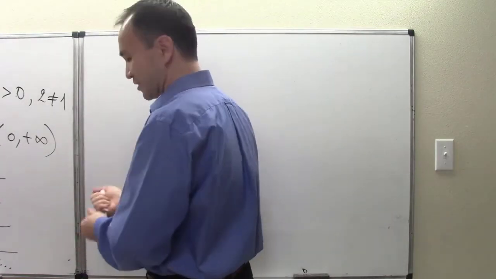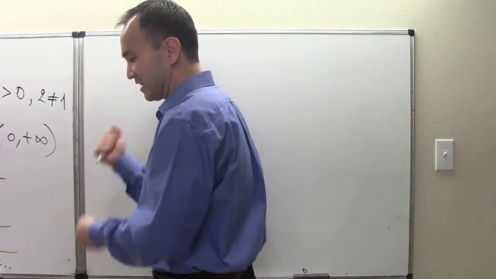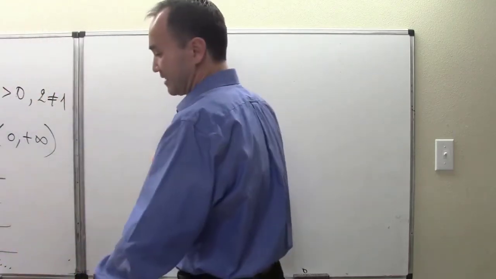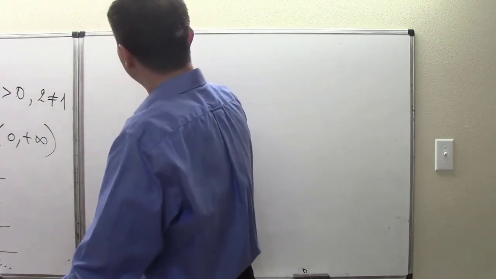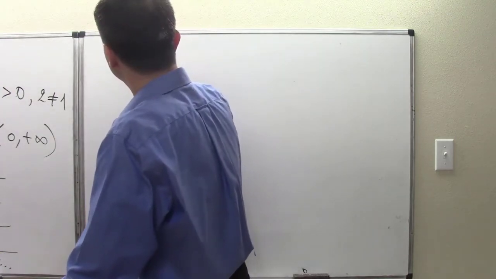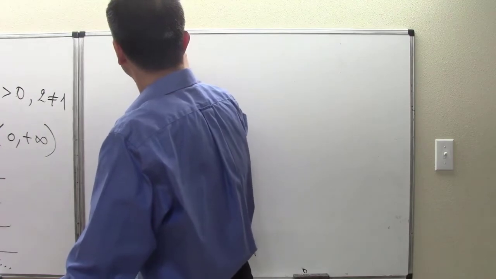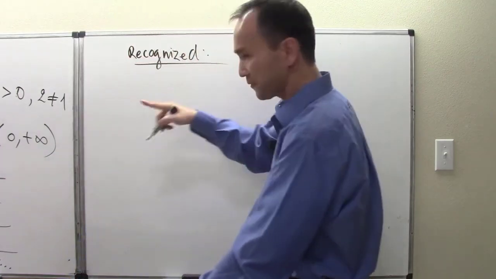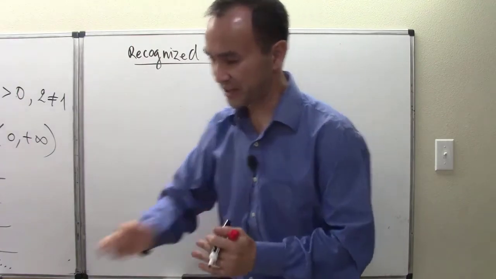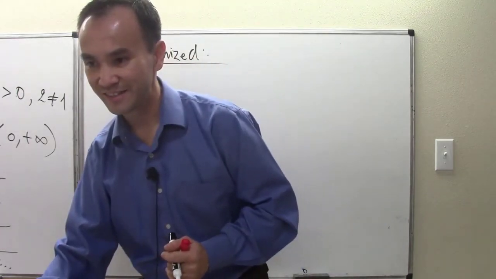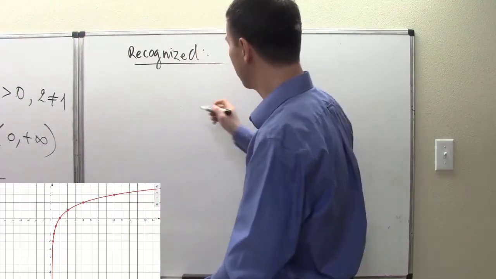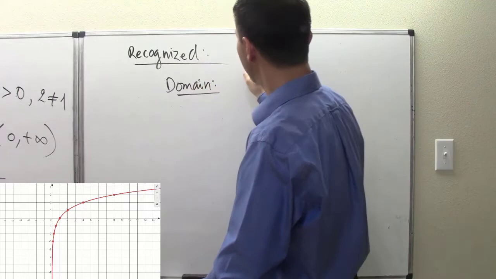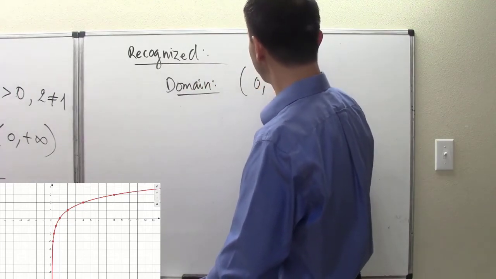All right, and then some further understanding about this graph right here. What we recognized is that the graph clearly agrees with the domain being anywhere between 0 and positive infinity.